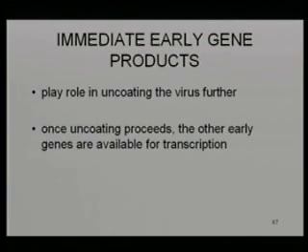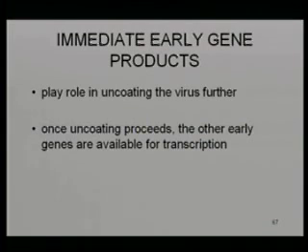So those initial early gene products are made by the incoming RNA polymerase, and they play a role in uncoating the virus further. If you inhibit that original early transcription in some way, the virus doesn't get uncoated, and you'll remain always making immediate early proteins.